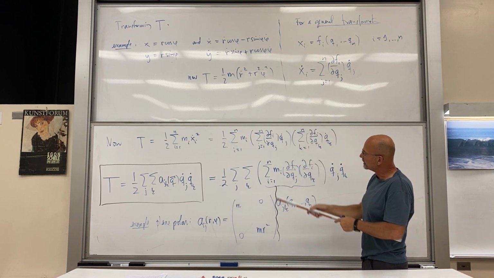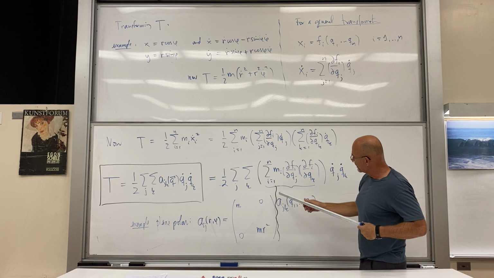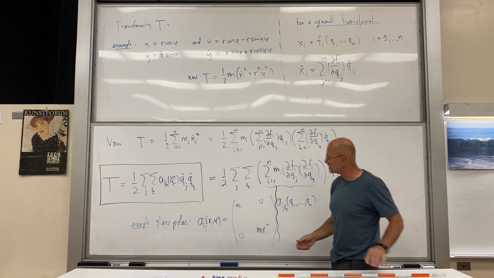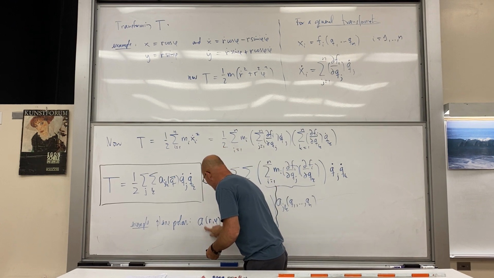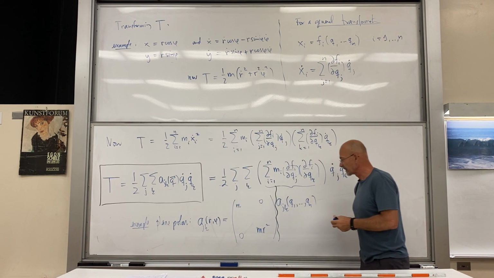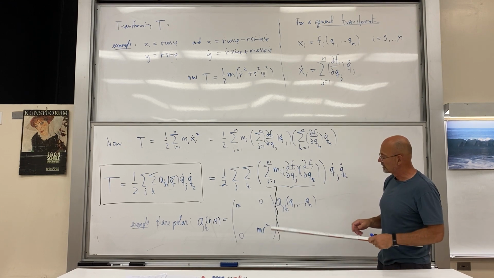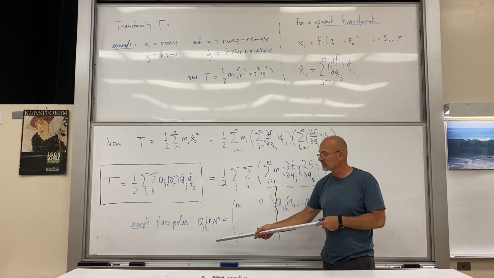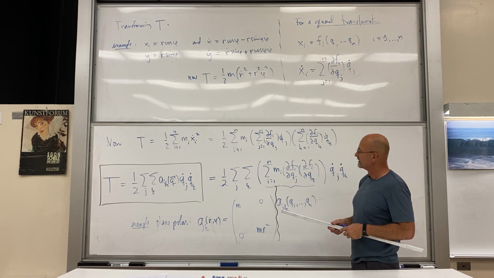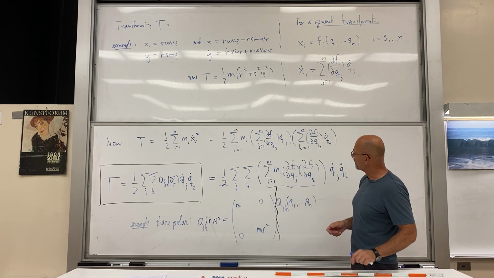We did it for the 2x2, and if we were to ask what was the a sub jk, whatever, I'm using j and k here, let's be consistent, let's use j and k. And q sub 1 and q sub 2 are in terms of a quadratic form.